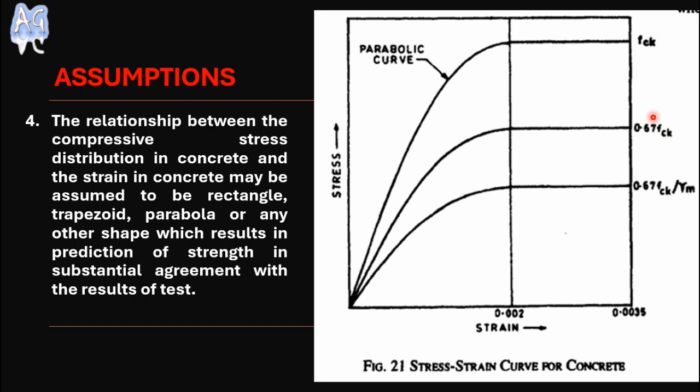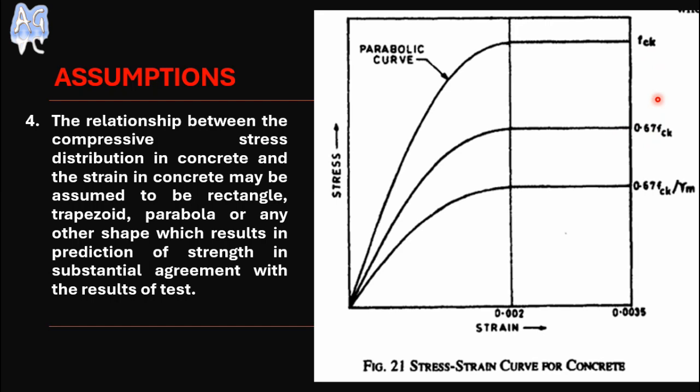If there is any mistake in the proportion, we may not get that much strength of concrete. So that's why we divide by this factor of safety, so that we are on the safer side.